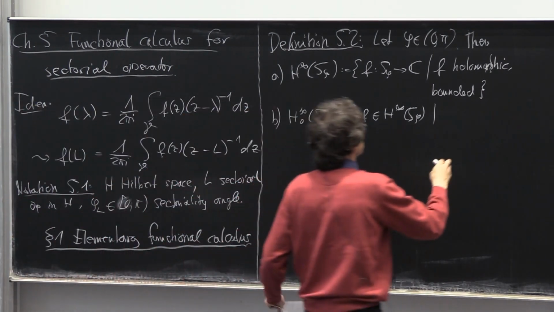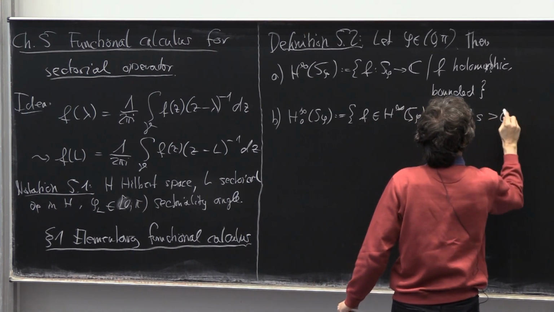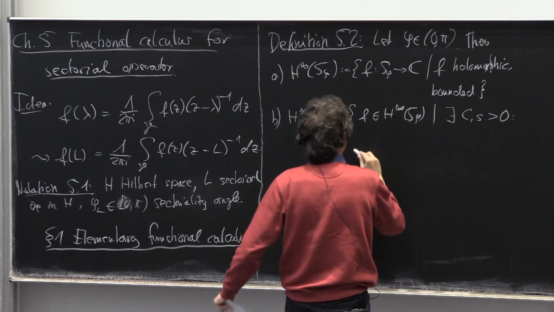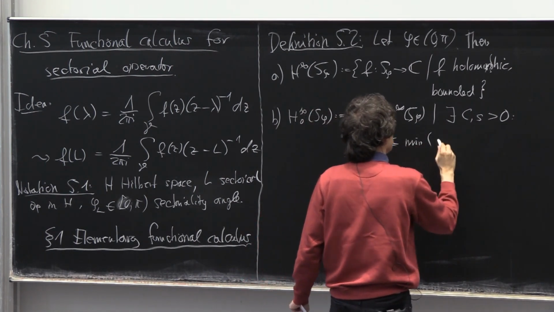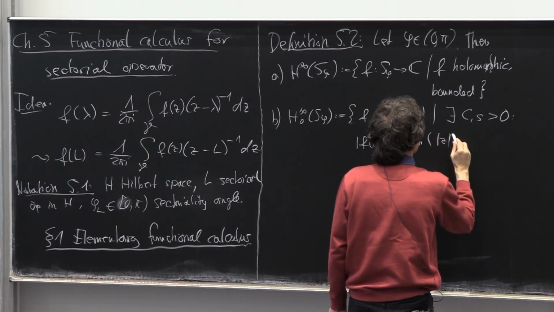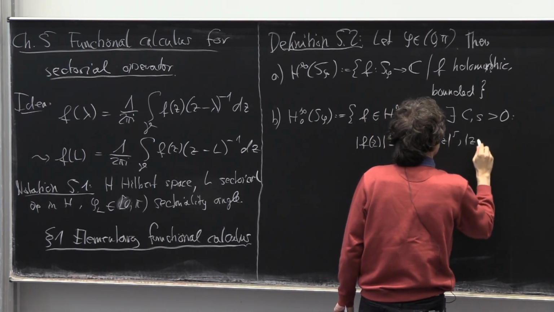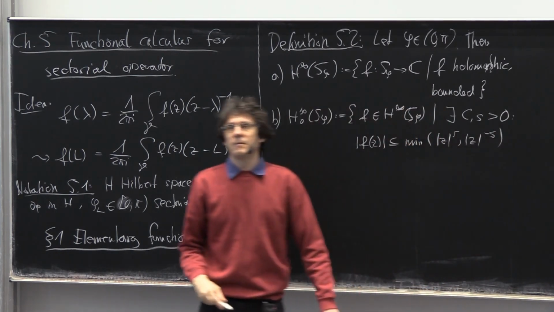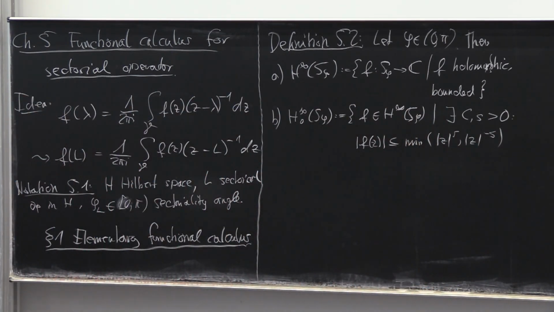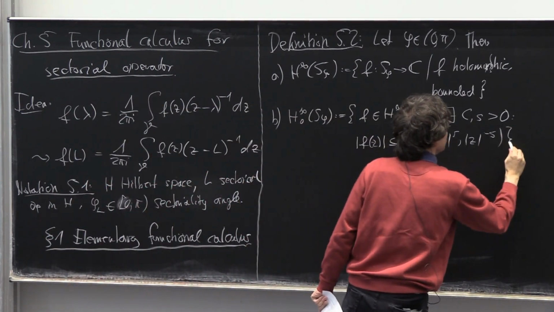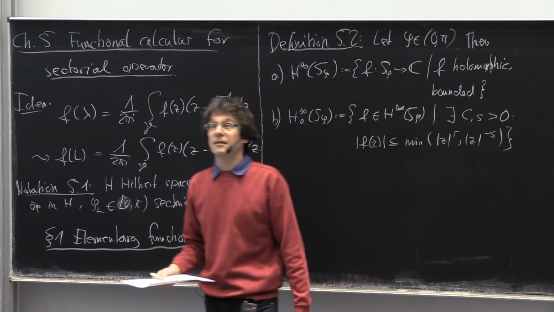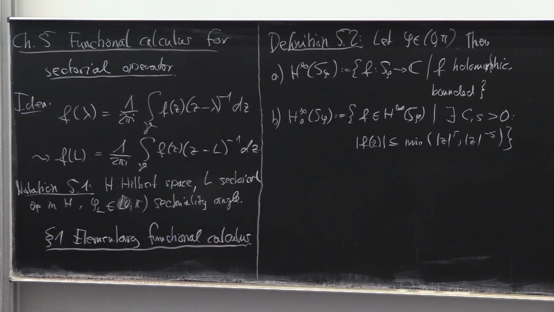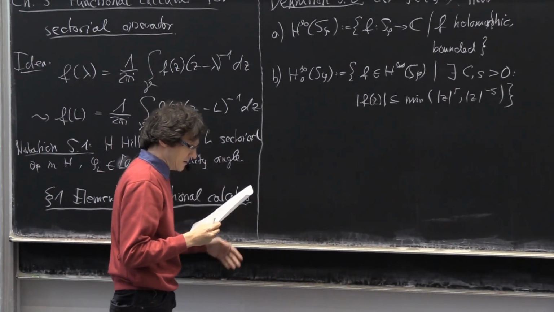So there are two constants, C and S, strictly positive, such that the modulus of f can be bounded by C times the minimum of the absolute value of z to the S and the absolute value of z to the minus S. And what that means, if you think about it, is the function decays at 0 at least like a power S, and it decays at infinity at least like a power S. So that you have some decay at 0 and infinity. This is this space H infinity 0.